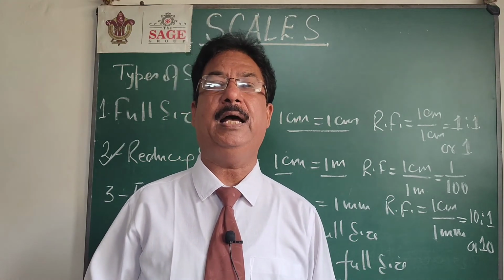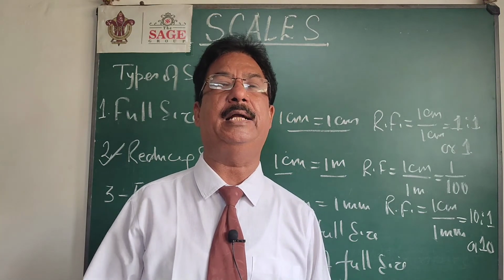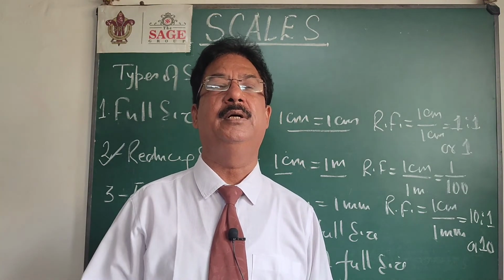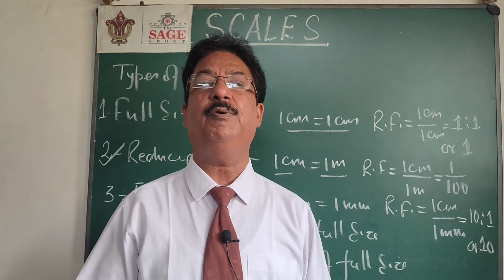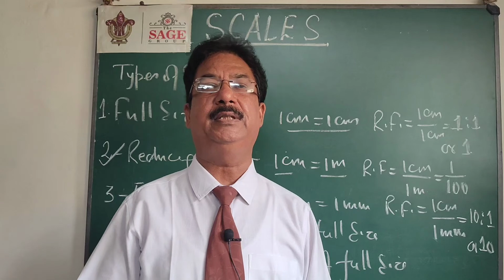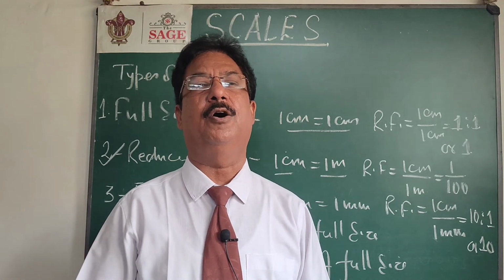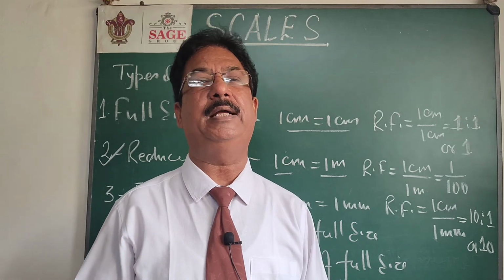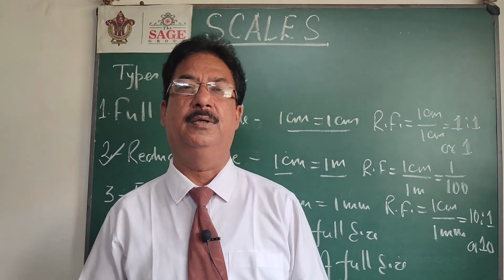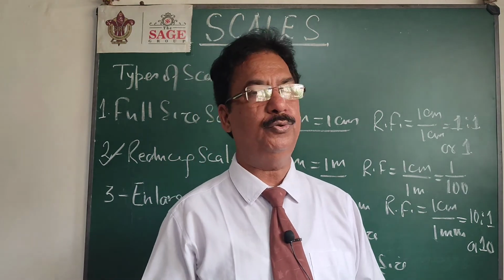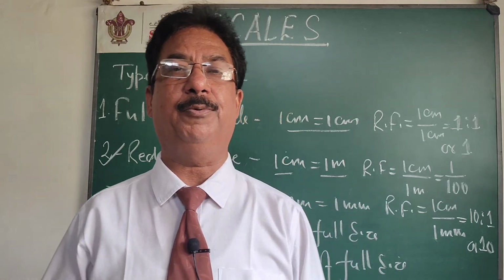In the form of area, I will say that a particular size of area in the field will be in actual, and that will be that much area in the drawing, or maybe in the form of volume also, that I will say in actual the volume of the object will be this much, and in the drawing the volume of the object will be this one. So in those cases, as you know, the formula for the RF is length of the object on drawing upon actual length.